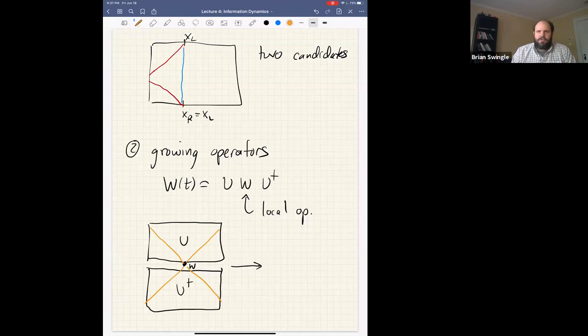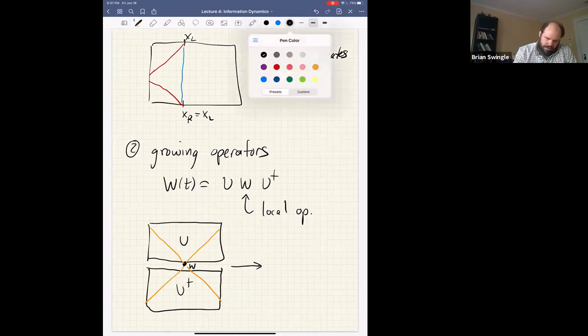Because if W was not present, then U and U dagger would just cancel to the identity. And so parts of the circuit or parts of the evolution which are outside its effective light cone do cancel. And the part which is in the future and the past of the light cone fails to cancel. And that's the picture of the growing operator. So that means we can cancel this way.